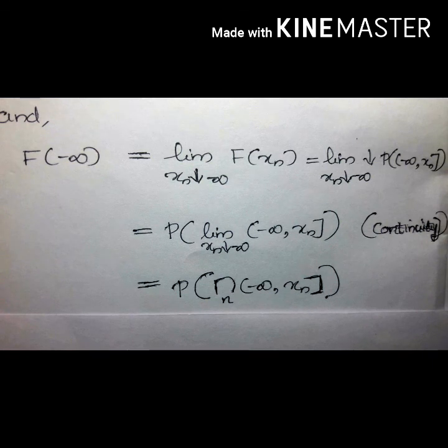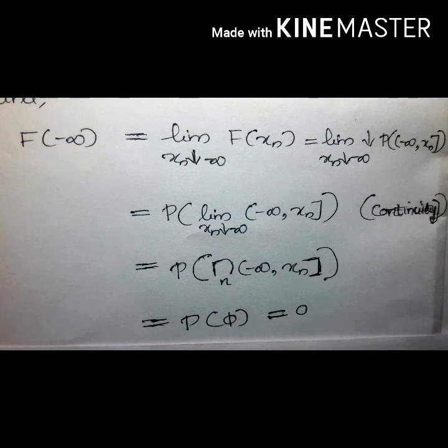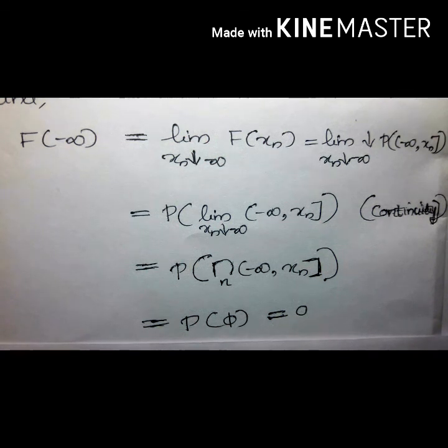Now taking the intersection of these intervals over n, we get p of phi, and that is equal to 0. Hence the three properties of f. Therefore f given is a probability distribution function.